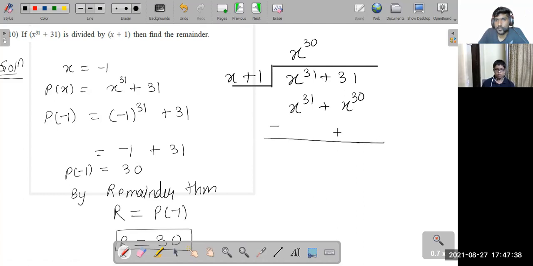If you subtract it, minus minus here, this will become 31 minus x raised to 30. So here you will have to do minus x raised to 29. I'll write it as minus x raised to 30 plus 31.